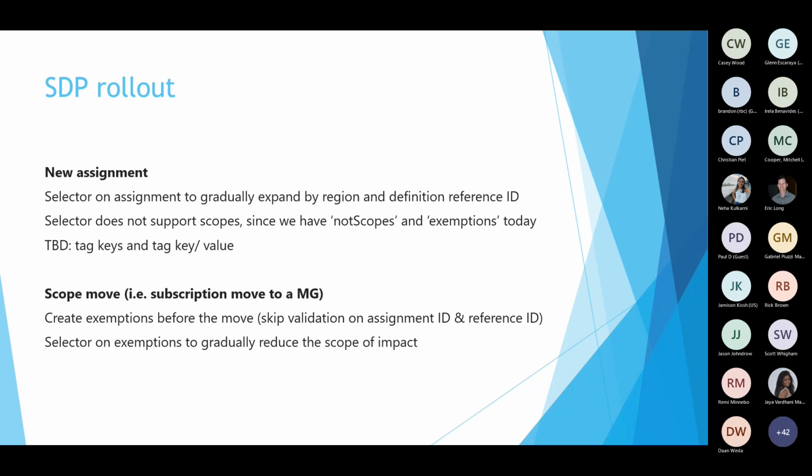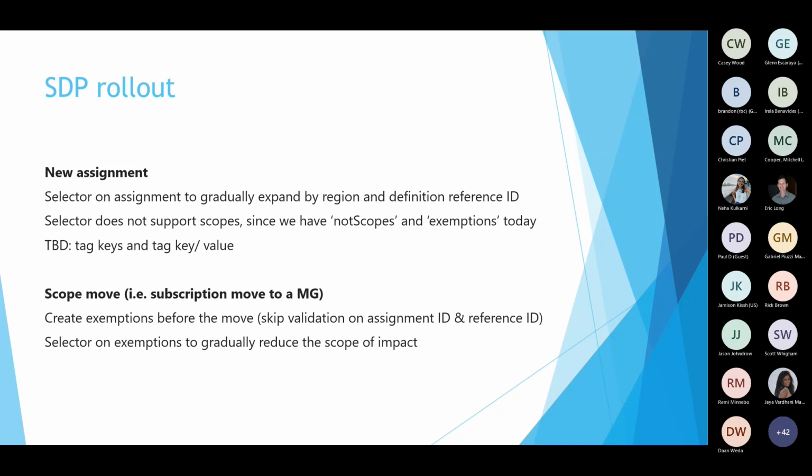All right, so I create a policy. Yes. And the selector is part of the assignment? Correct. All right, so I create an assignment at a high-level management group scope. Mm-hmm. And what does the selector do to that assignment? You can specify what region you want.